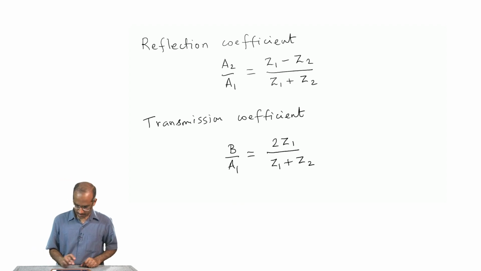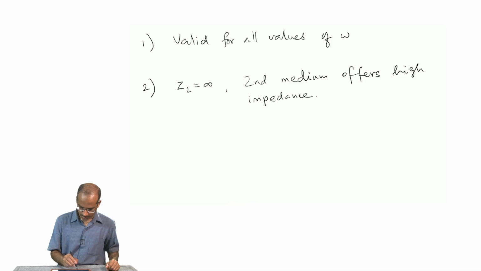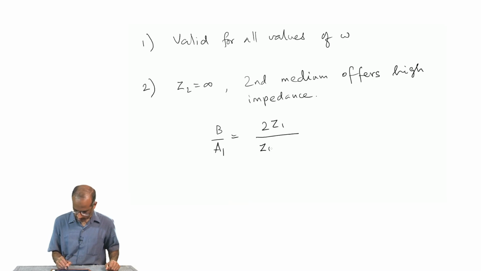So, here if I go back to this formula, which is B by A1, the transmission coefficient, B by A1 would be 2 Z1 by Z1 plus Z2. Let me divide throughout by Z2.